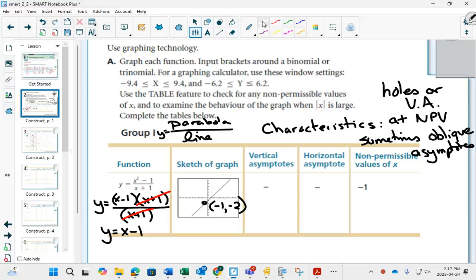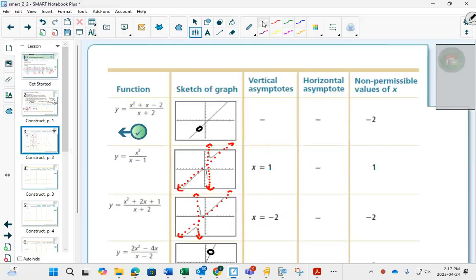So if we look at the next ones quickly, the second one had a hole, which means if I factor this, it should cancel out. Let's see what happens. The top is x minus 1, x plus 2. Oh, look at that. These cancel out. My hole is going to be at minus 2 because that's my non-permissible value, and I'm left with x minus 1.